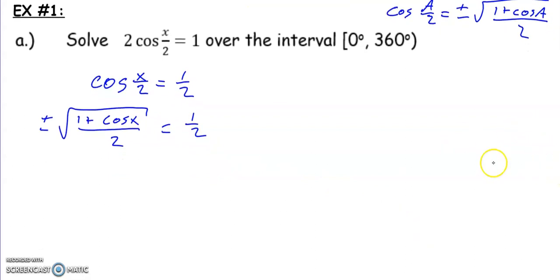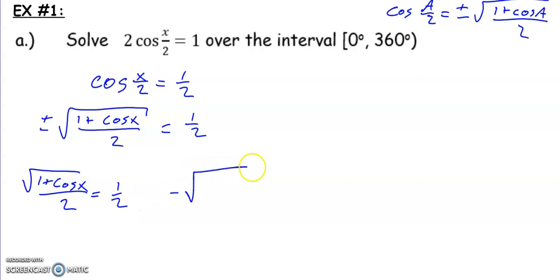So that is going to give us two equations. We are going to get a positive square root of 1 plus cosine x over 2 that equals 1/2, and then we also get negative square root of 1 plus cosine x all over 2 equals 1/2. We're going to see here pretty quickly that this was extraneous.